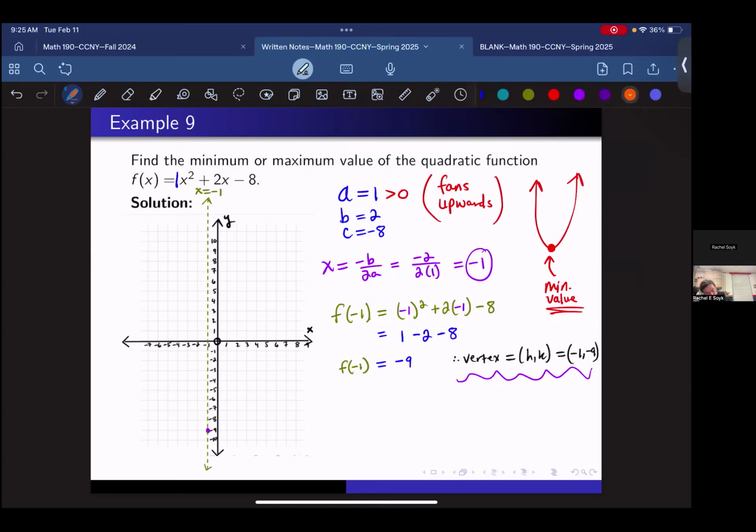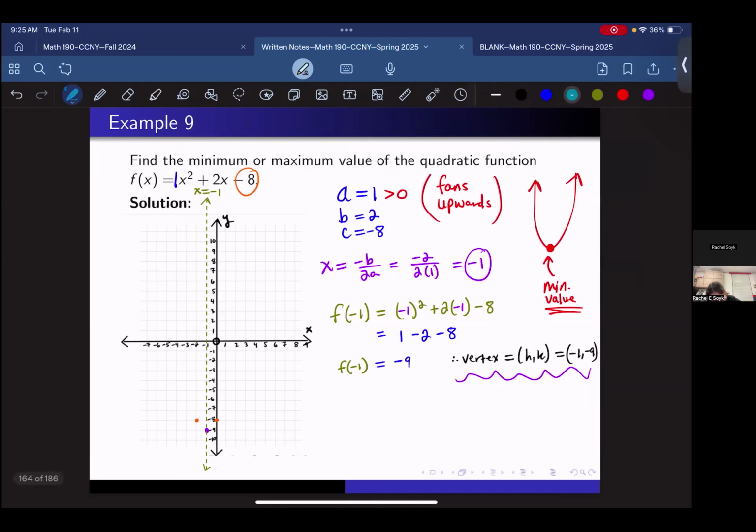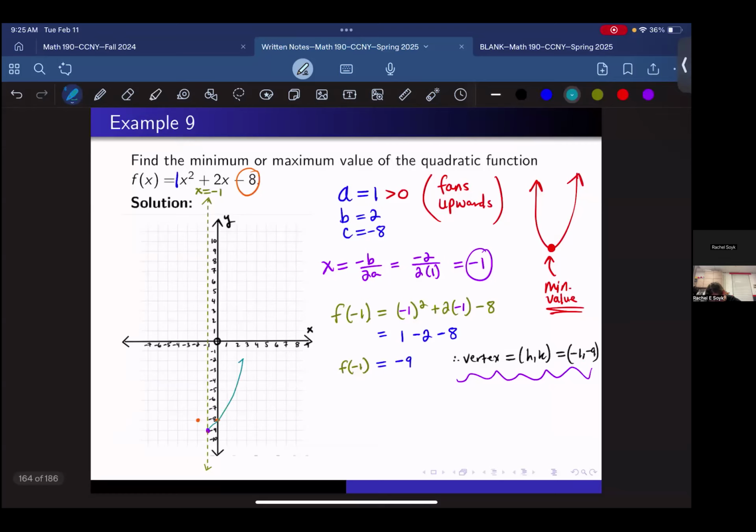Our y-intercept, 0, comma, negative 8. Do that reflection, and we have negative 2, comma, negative 8. And then if we now connect the dots, because again, we're just sketching here to just visually see what's going on. We're looking at the following.